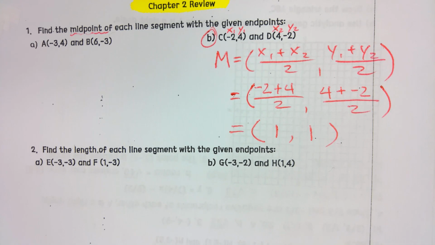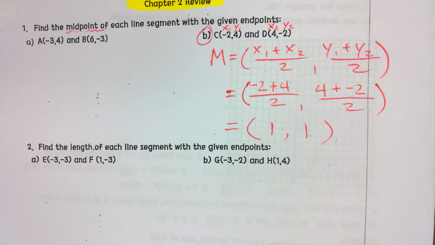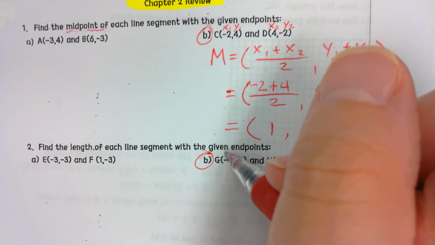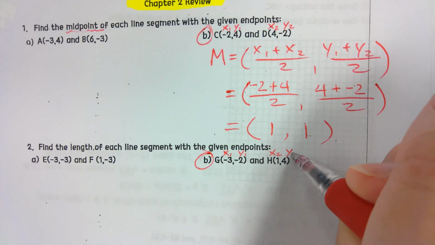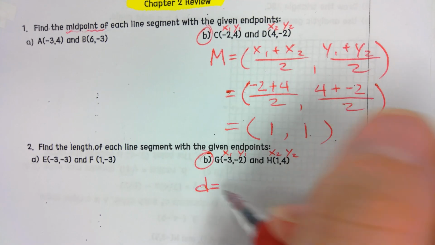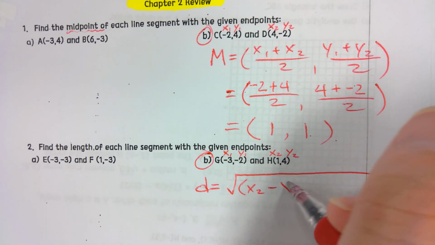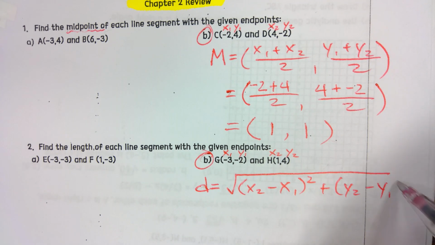Okay, find the length of each line segment. This is page 18 of your package. Distance formula. So again, x1, y1, x2, y2. Distance formula, d equals that.